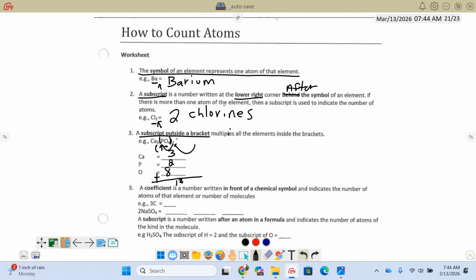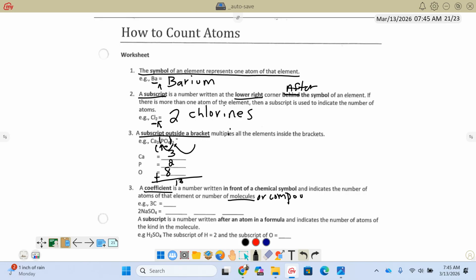Moving on down that sheet, coefficients, as defined in your notes, are numbers written in front of any chemical symbol, and they indicate the number of atoms of the element or number of molecules. Number of molecules, we can also think of as compounds.